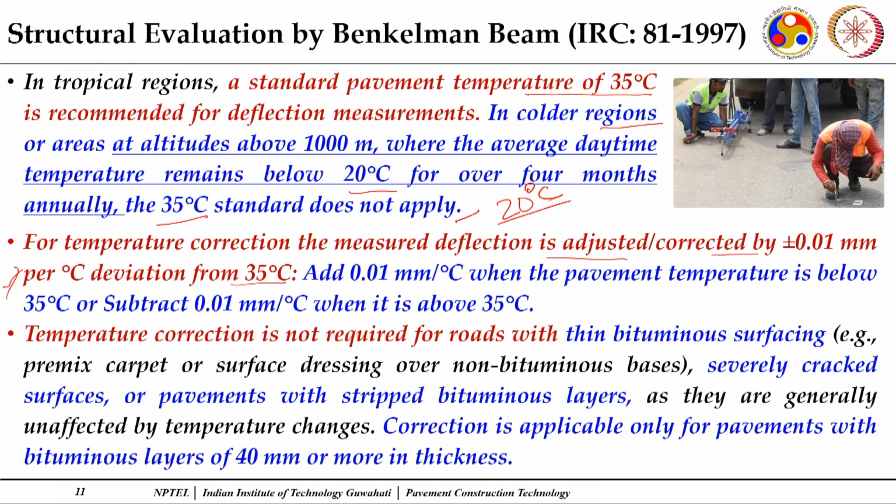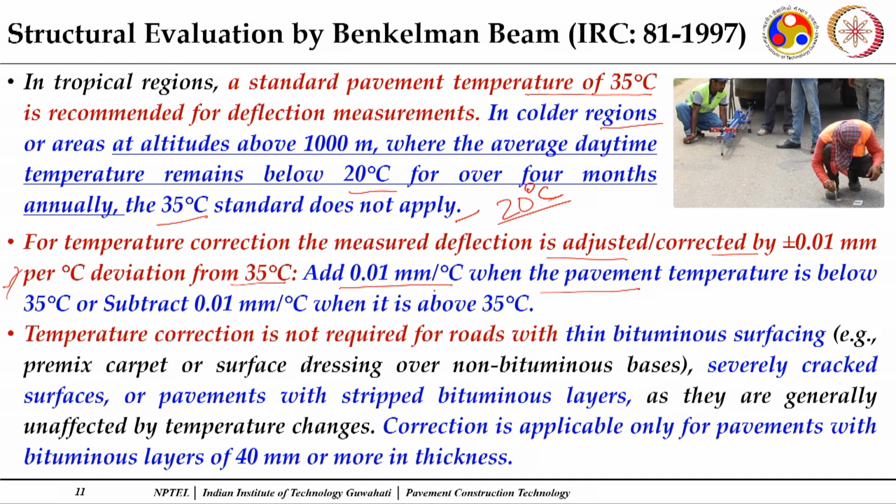So, if the temperature is less than 35 degree centigrade, then I need to add a value of 0.01 mm per degree centigrade. Say if the temperature is 32 degree centigrade instead of 35 degrees, so 3 degree lower, the deflections will be less. So here I will take 3 into 0.01, so 0.03 has to be added in the deflection, to get the corrected pavement deflections from the temperature point of view.